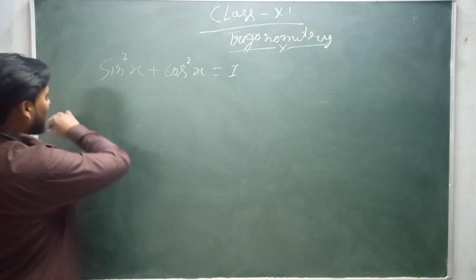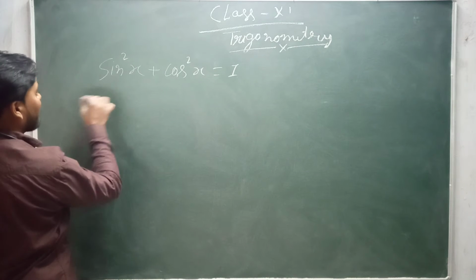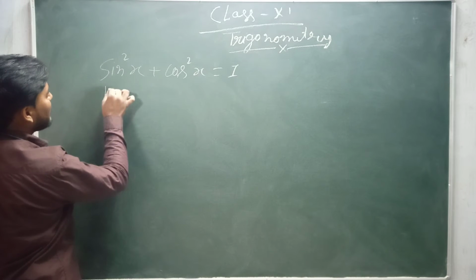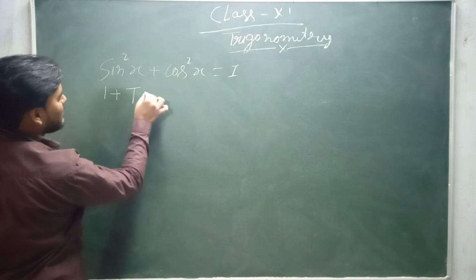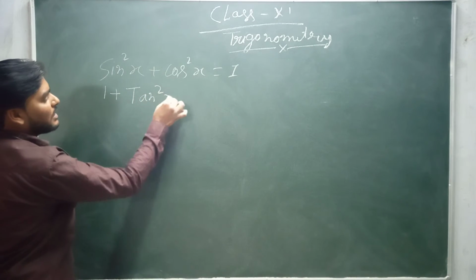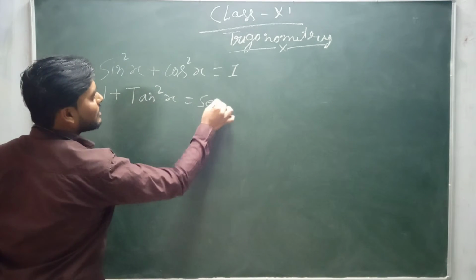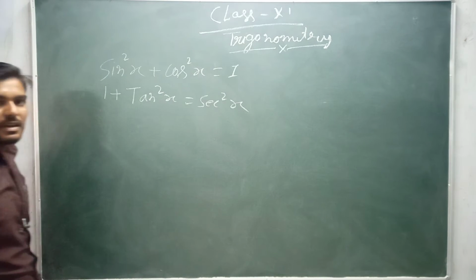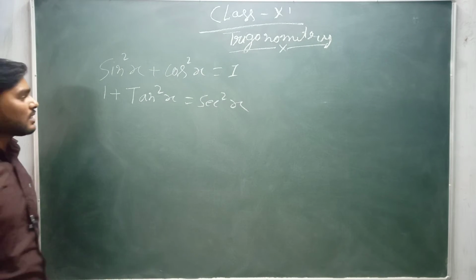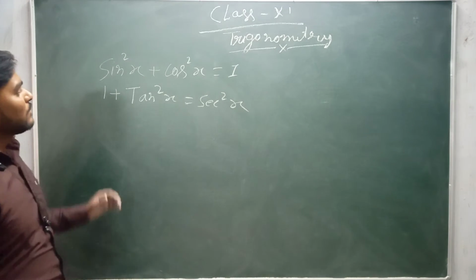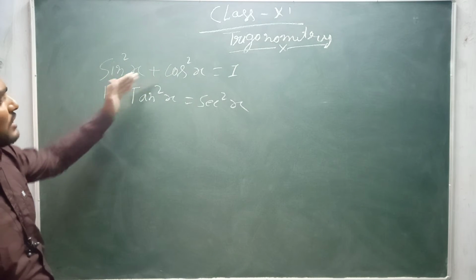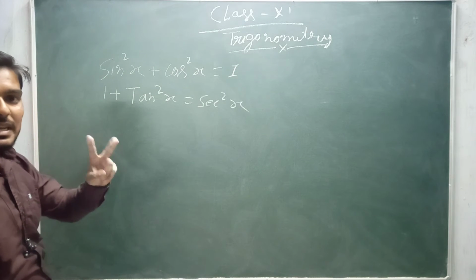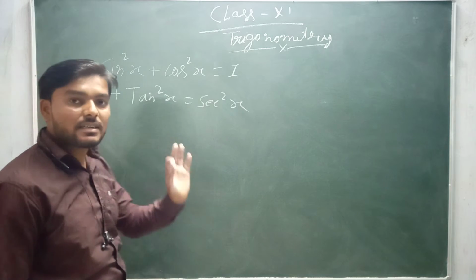Now 1 plus tan square x equals sec square x.